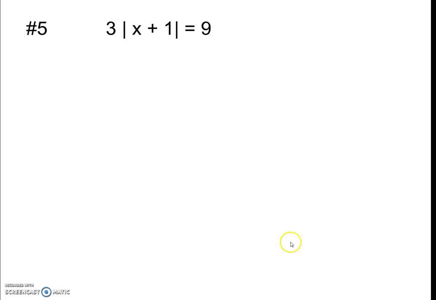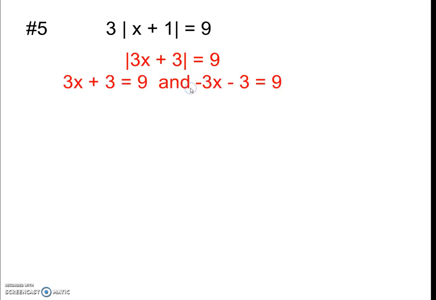Now, occasionally, someone will distribute. They will say 3 times x is 3x and 3 times 1 is 3. And they'll work it all out and it gets them the same answer. But it doesn't always work.